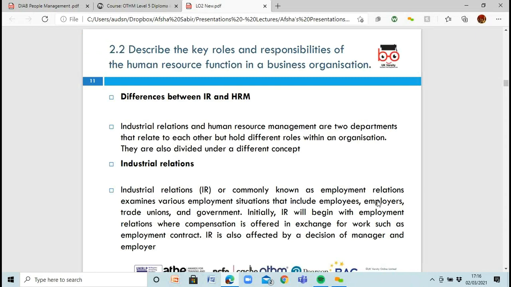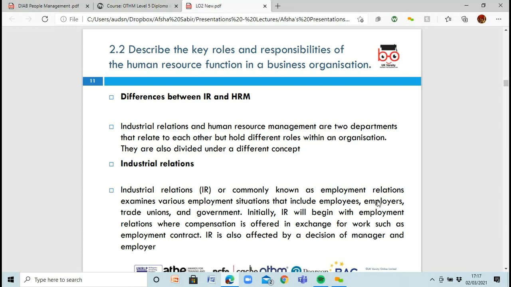We're also going to look at the difference between IR and HRM. So IR is industrial relations. Industrial relations and human resource management are two separate departments, but they do actually relate to each other.